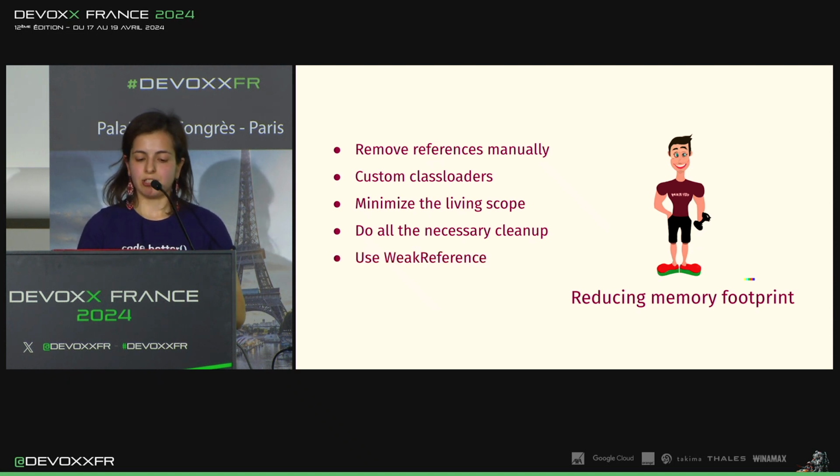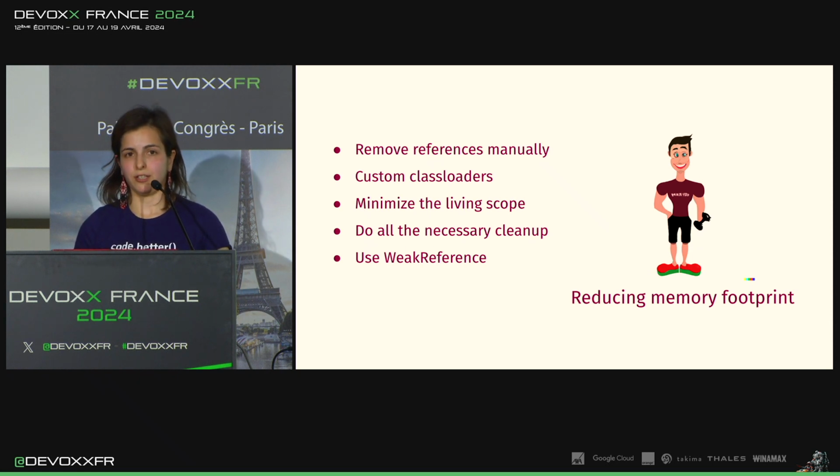And another interesting thing, we can use weak references. Are you familiar, guys, with weak references, or should I explain? Okay, usually the references that we operate with are strong references. It means that if the garbage collector sees one, it doesn't touch the object. But if the only reference left is a weak reference, the garbage collector can decide to garbage collect the object if it needs more memory.